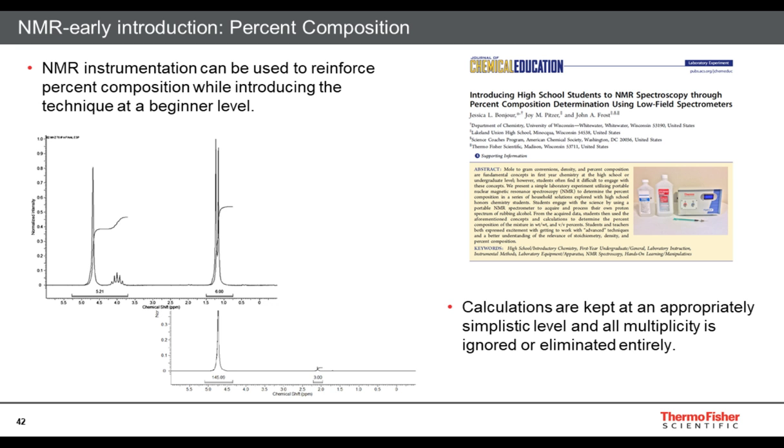And so we can just ignore the multiplicity of the NMR spectrum, focus on the integration, and use those relative integration ratios to calculate concentration in a number of different ways: molar concentration, percent by weight, percent by volume, things like that.